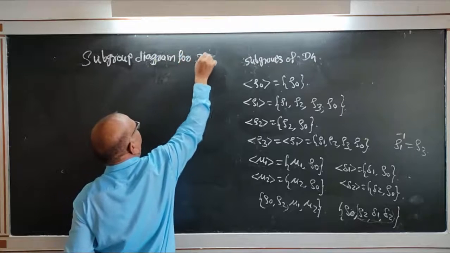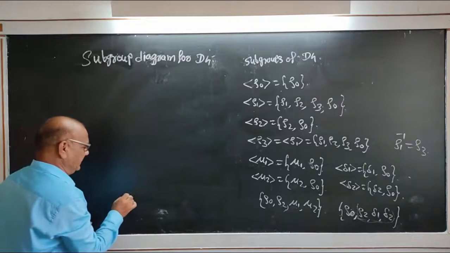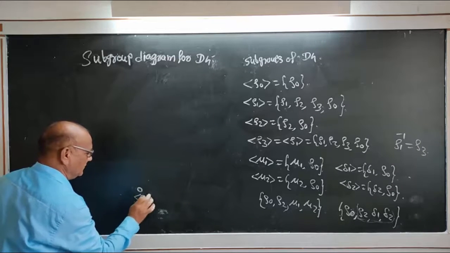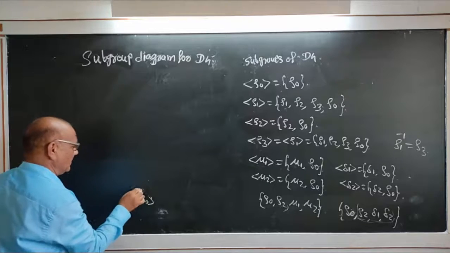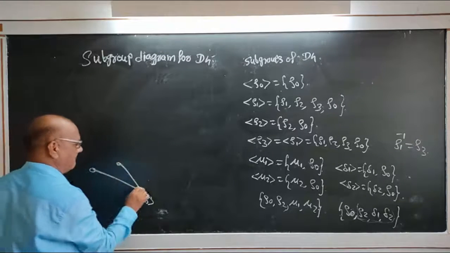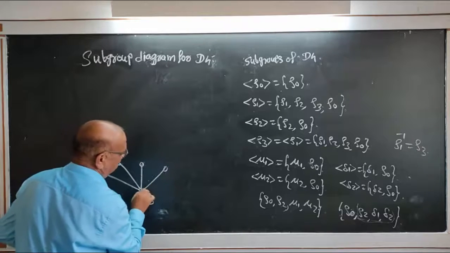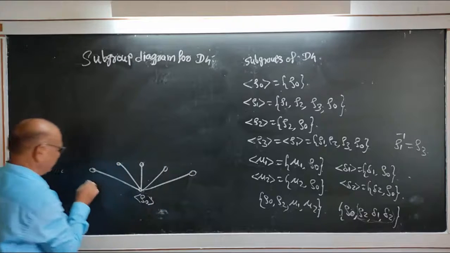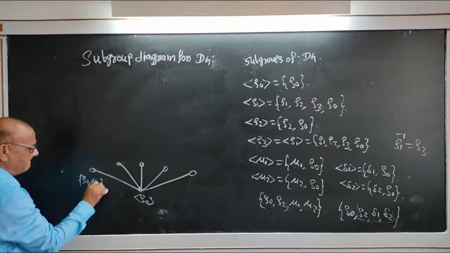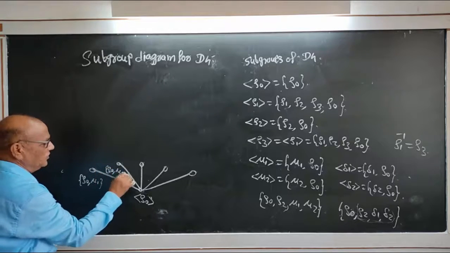Here the minimal element is row 0. This is row 0 mu 1, row 0 mu 2.